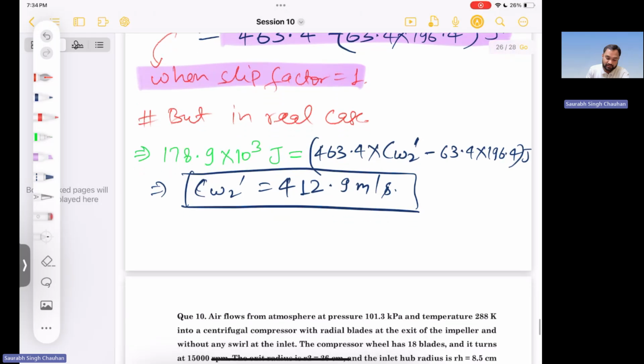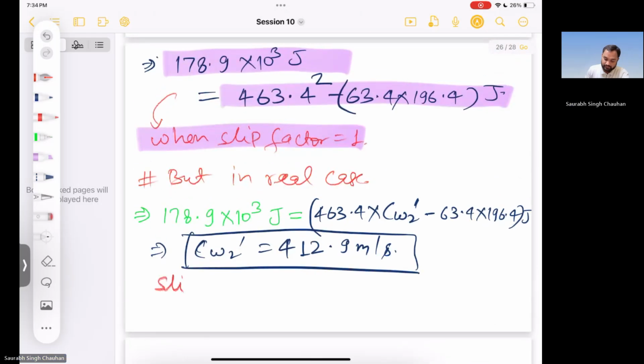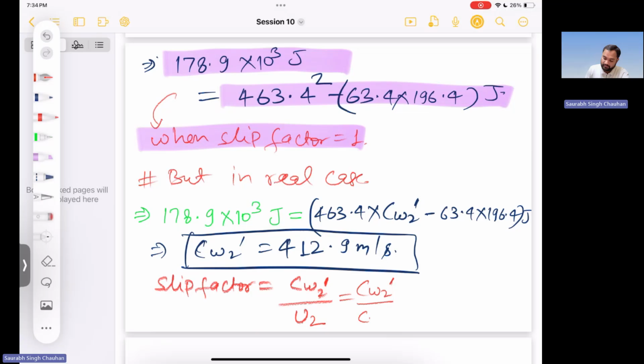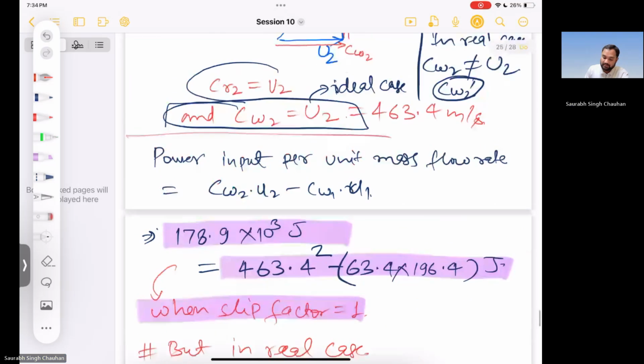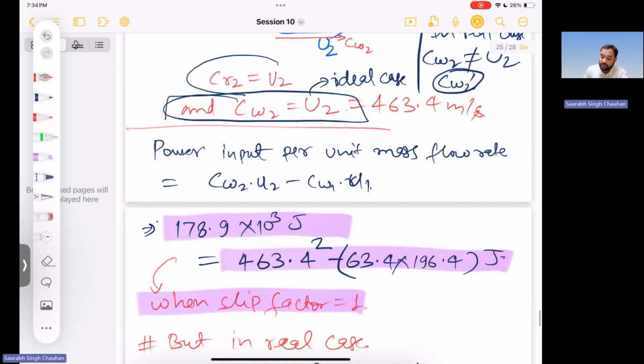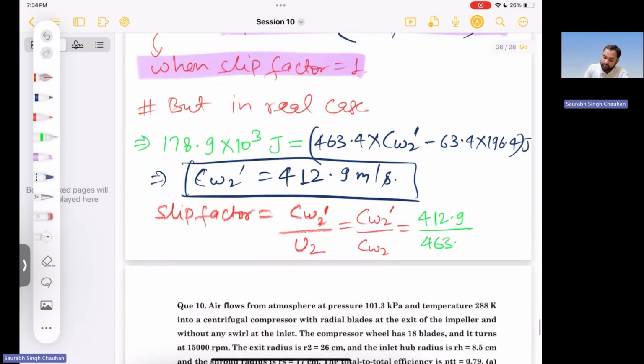And how do we define the slip factor? Slip factor is defined as the actual whirl velocity component divided by U2, or CW2 divided by the theoretical value. If you substitute the values, 412.9 meters per second divided by CW2, which is equal to U2, that is 463.4, the value comes out to be 0.89.